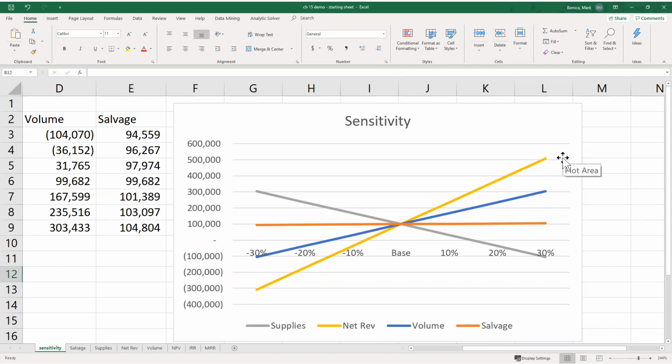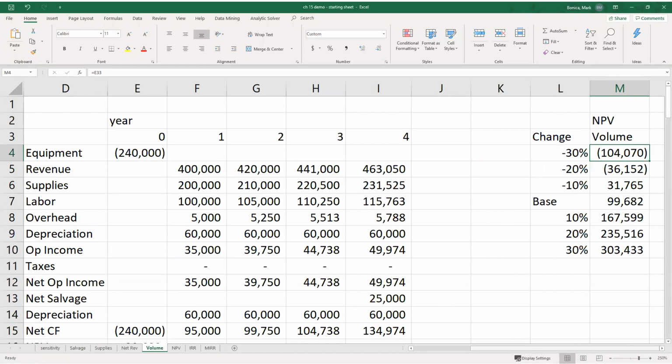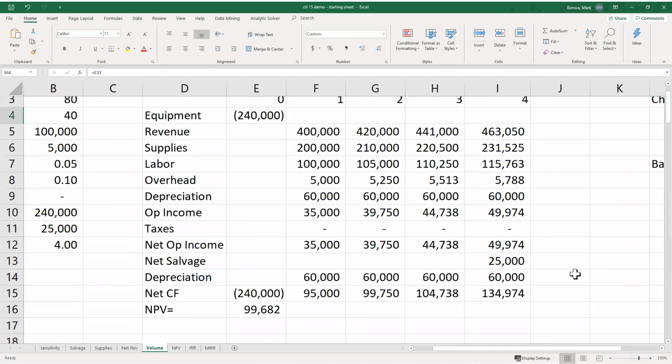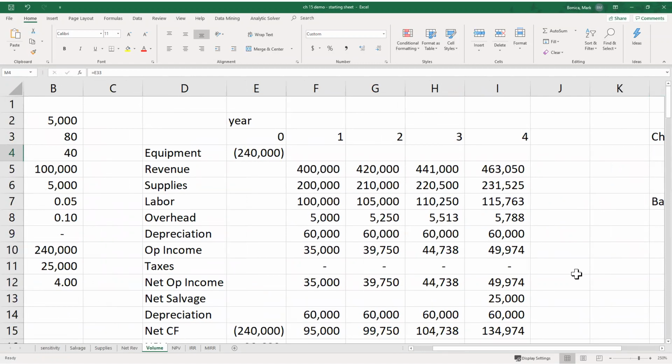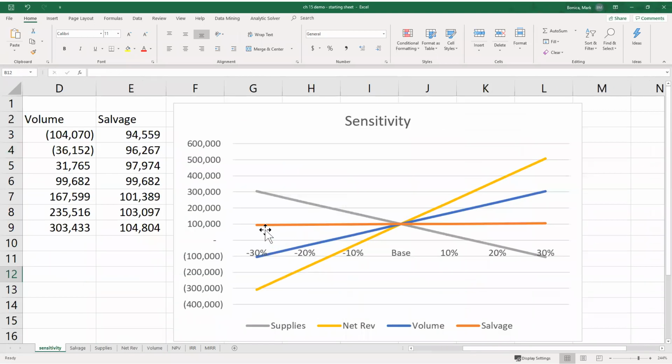So if you're starting to think about, all right, I've made this guess, I've got this model that I've built, and I'm making a projection about the future. If I'm wrong about, say, net salvage, which is this orange line, right?